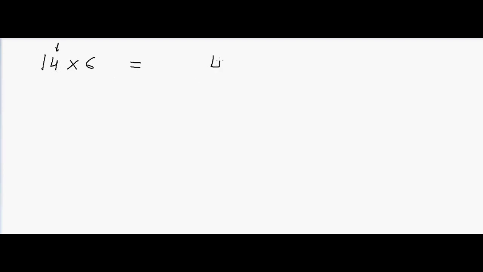So I'll just write a 4 here, and then I'll take half of this number. Half of this number is 7, and then I'll take the first digit and add it to the 7, so that will be equal to 8. So my answer will be 84.